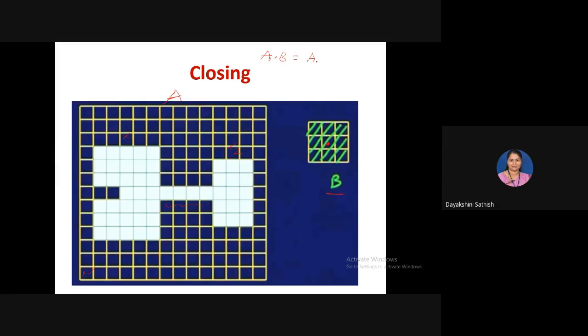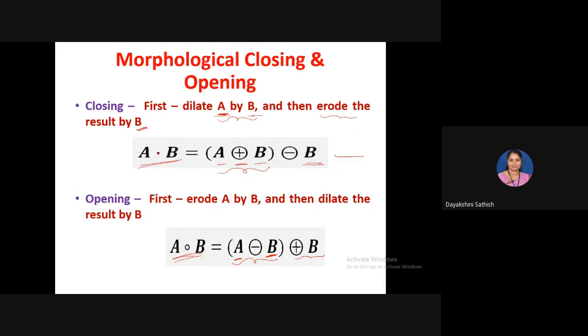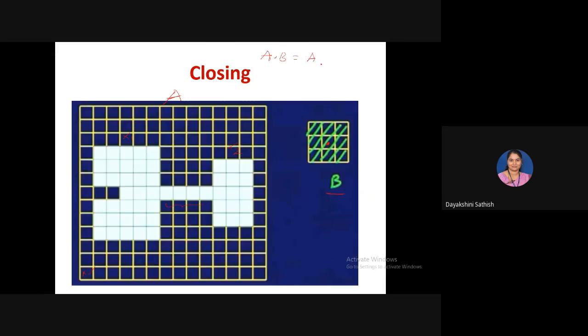I have shown you the definition in the previous slide. Dilation, yes. So you have to dilate A by B, then whatever result you get has to be eroded with the same structuring element. You can't change the structuring element.